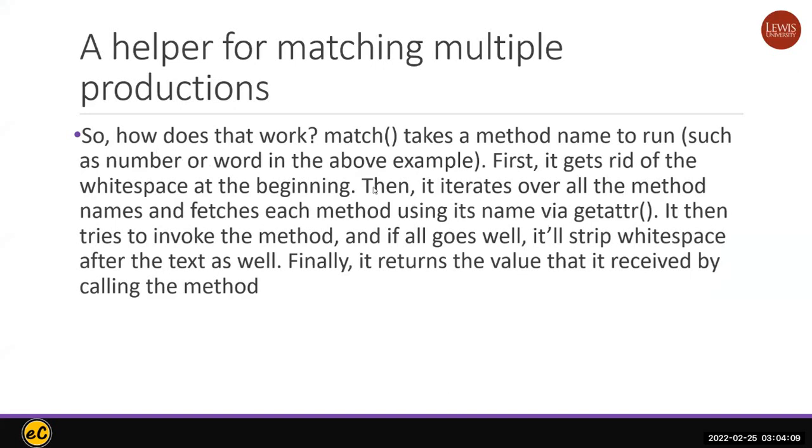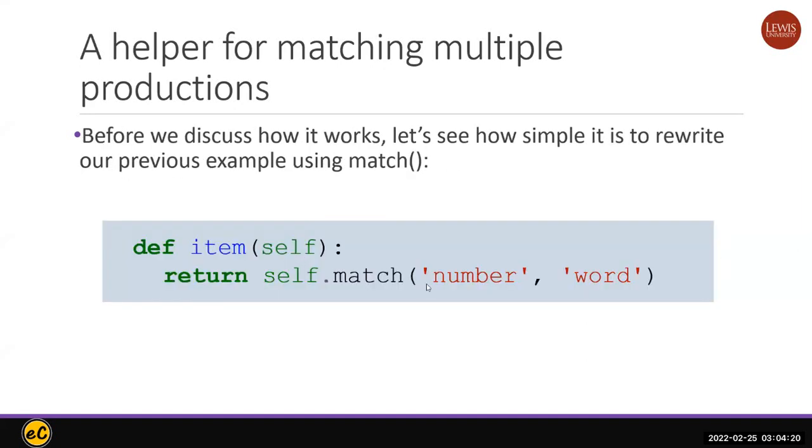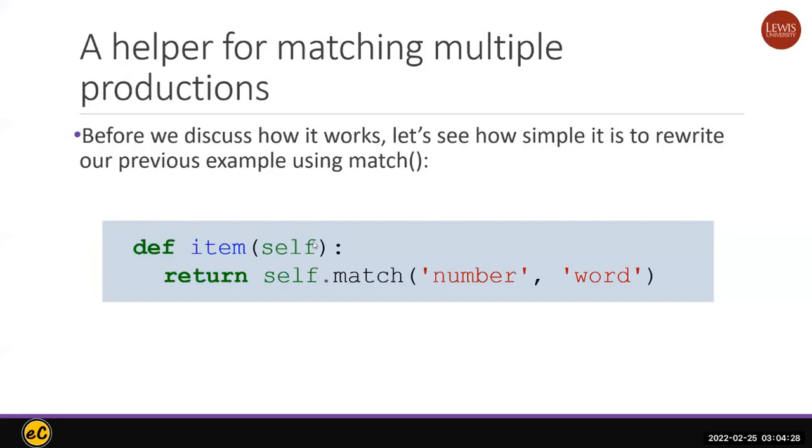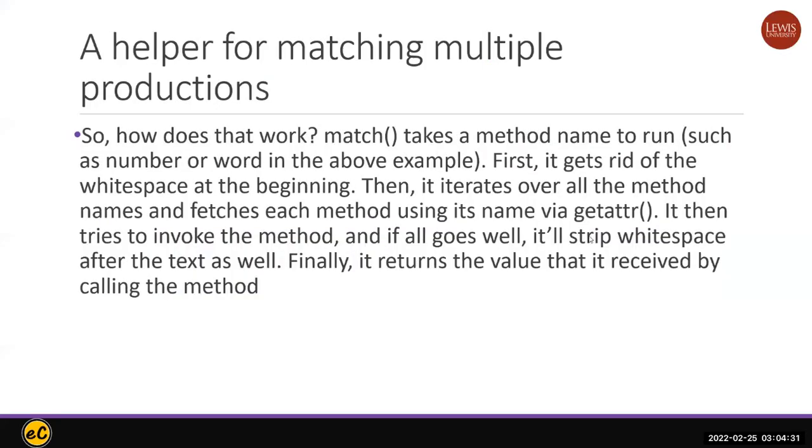Then it iterates over all method names, fetching each method using its name via getattr. So getattr will get the attribute from self. Okay, from self, and then the rule, you will apply the rule to it, and you will get that.